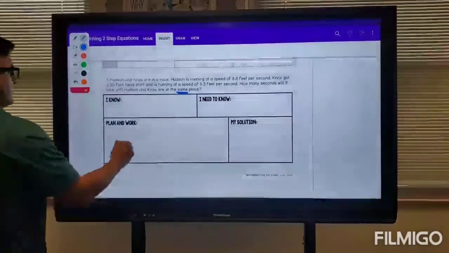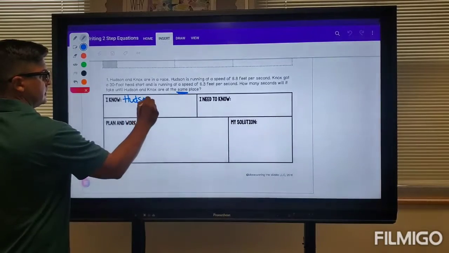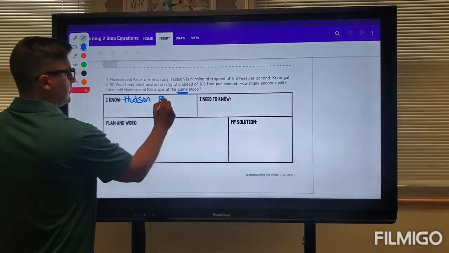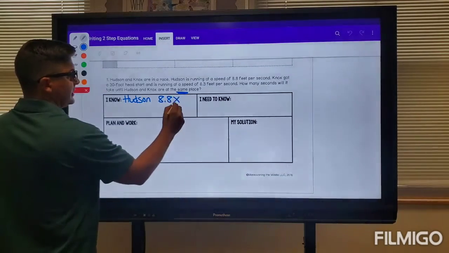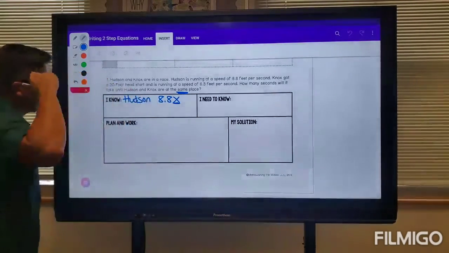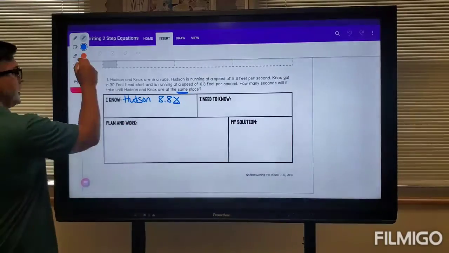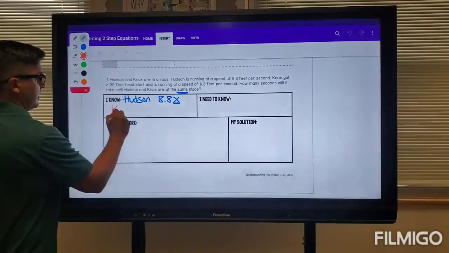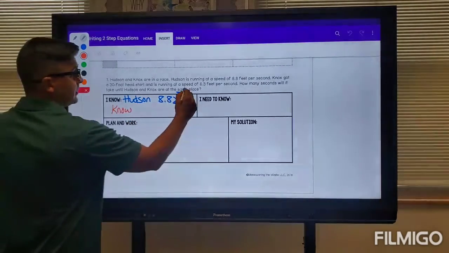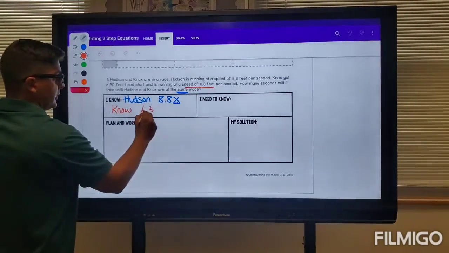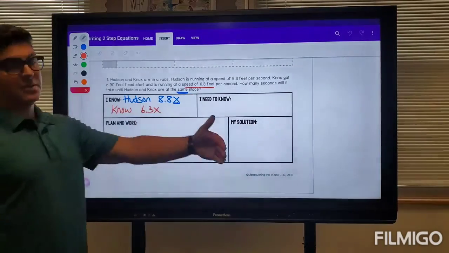Well, you know Hudson is running at a speed of 8.8 feet per second. And I'm just going to represent the seconds as x, okay? There's another person, Knox, and they tell us that he's running at a speed of 6.3 feet per second, but he's also given a head start.